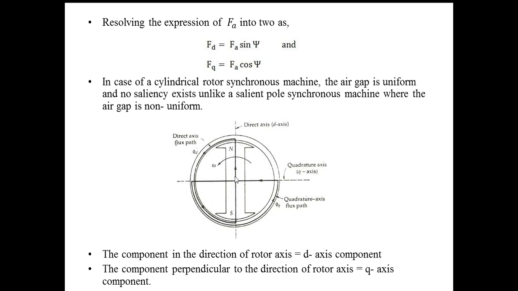The air gap is maximum in these parts of the machine, and it is minimum in the direction of the pole. Whereas there is a cylindrical kind of a machine where the air gap is uniform throughout the periphery of the stator. So the two reaction theory concept is valid for the salient pole kind of synchronous machine, because saliency exists only in that particular kind of a machine.